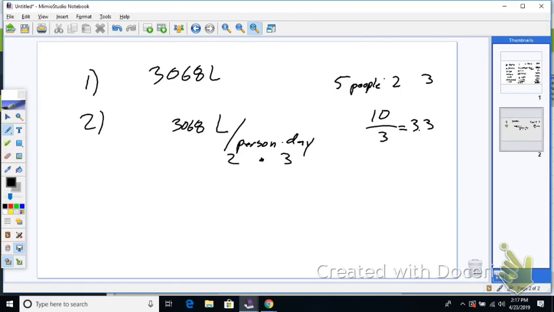Mine was 511 liters per person per day. Mine's 18. 511. 6 people were home, that's how many in my family. You take your total divided by 18, and then you'll get liters per person in your family per day. 140? Wow.